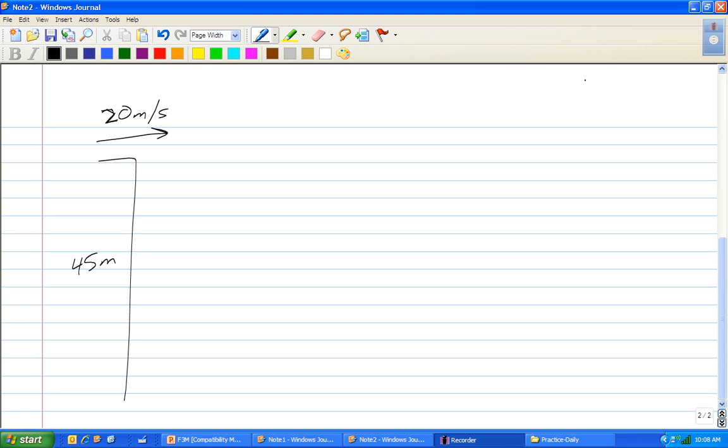You may have seen me in the last example do this, but now I'm going to explicitly tell you 3 steps that I want you to do. First step is always draw. Sketch what's actually happening in the problem. Second step. Find the time it's in the air.